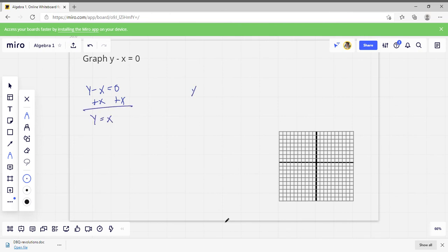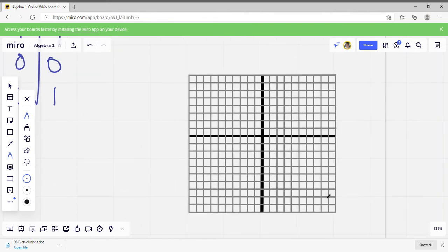Alright, so if I make an x and y chart for this one, it should be pretty easy. If x is negative 1, y equals negative 1. If x is 0, y is going to be 0. If x is positive 1, y is positive 1. Alright, so then we're just going to graph that. So if x is negative 1, y is negative 1. 0, 0. 1, 1.